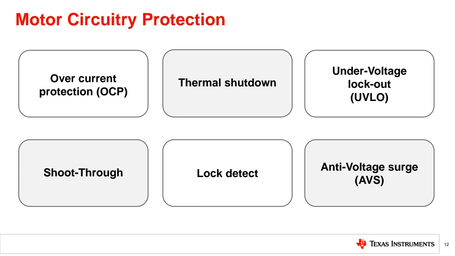Another one, thermal shutdown. Thermal shutdown stops motor operation if the motor driver exceeds its rated temperature. Every driver needs a limit for temperature detection. Generally, after 70 degrees, after 80 degrees, your circuit will be stopped by thermal shutdown protection.